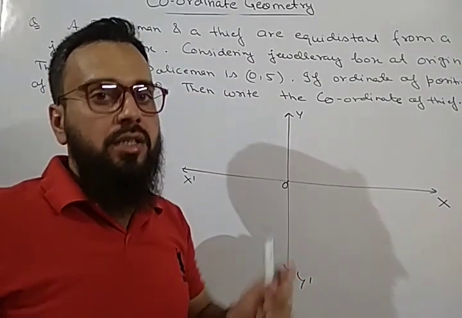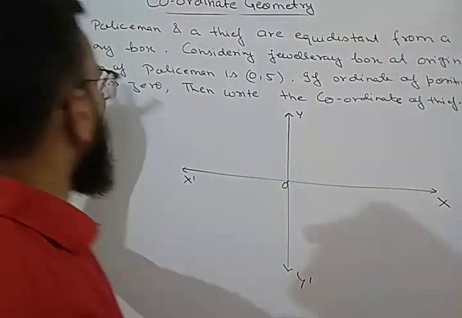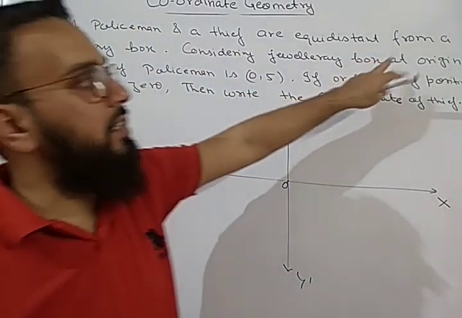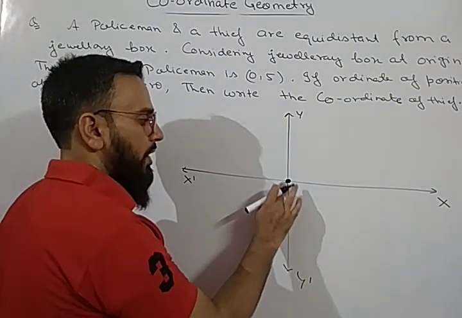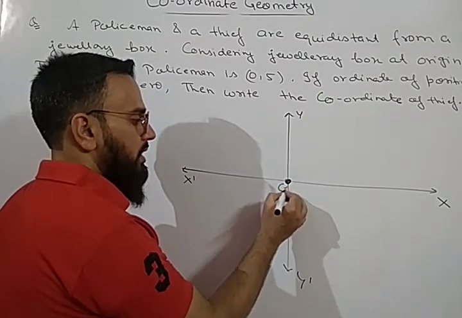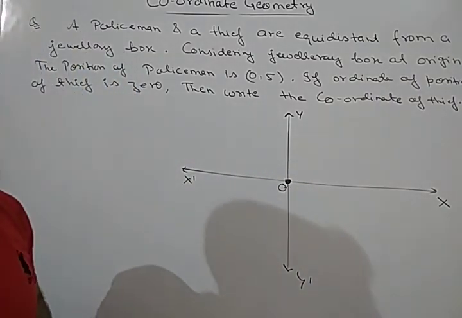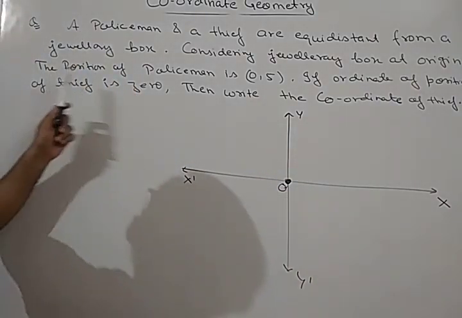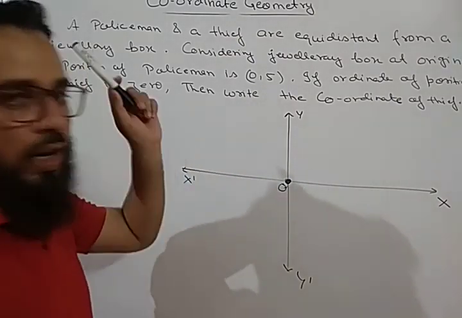They are at equal distance from the jewelry box, and the jewelry box is at the origin. This point O is the jewelry box. The position of the policeman is (0, 5) with respect to this jewelry box.